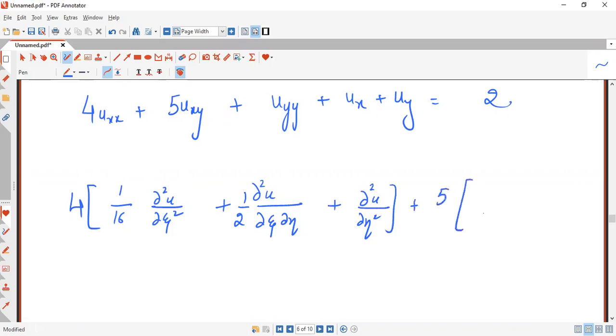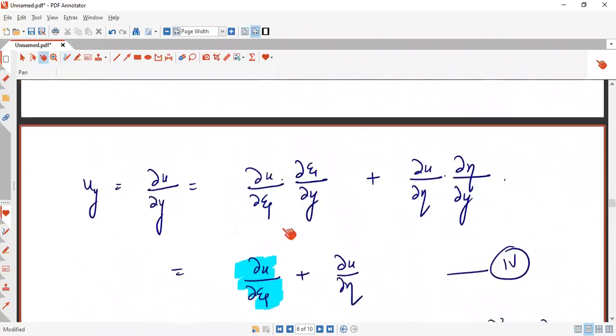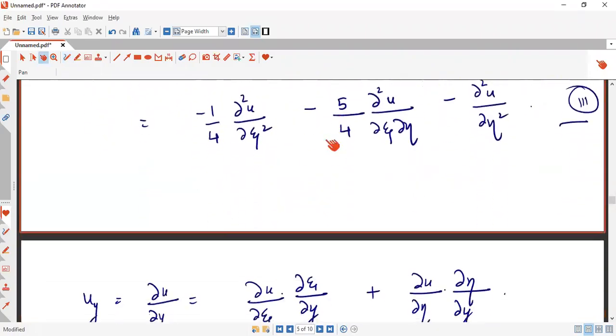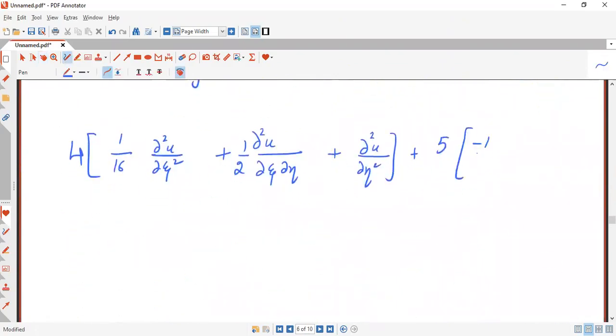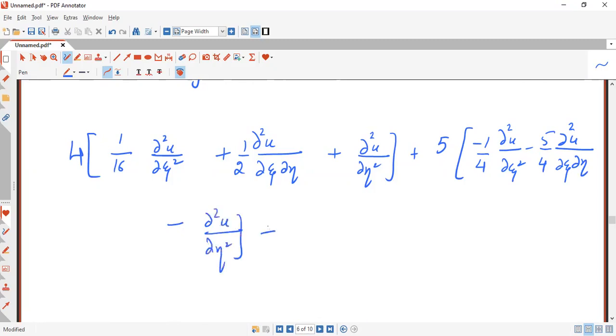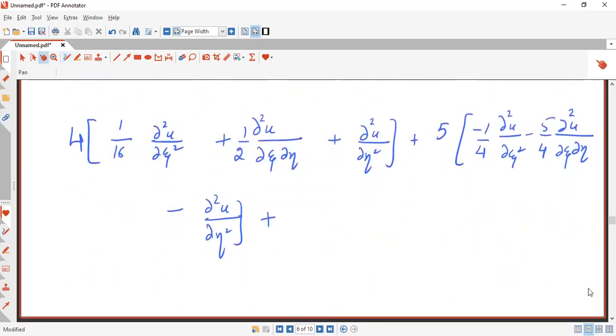Plus 5 times uxy. uxy we have got was, I think it was minus 1.4, no? Yeah, minus 1.4 del square u by del z square minus 5.4 del square u by del z del eta minus del square u by del eta square plus uxy plus uyy.